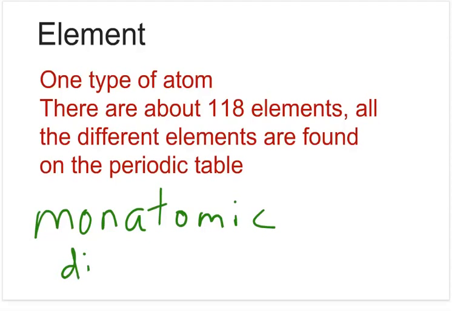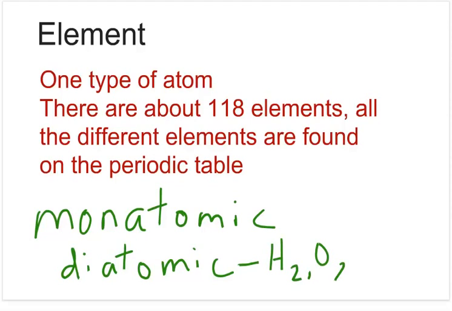And that means if they exist by themselves, they would combine as two atoms. And as we said, that's H2, O2, N2, and then the halogens, fluorine, chlorine, bromine, and iodine. They always exist, two atoms bonded to each other.